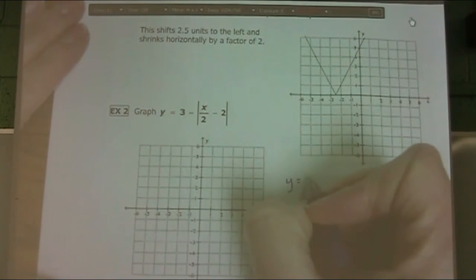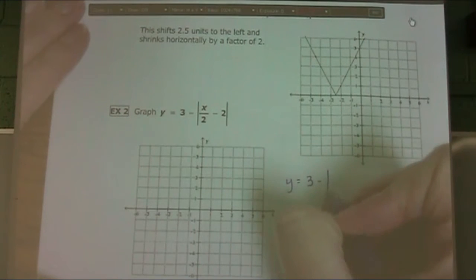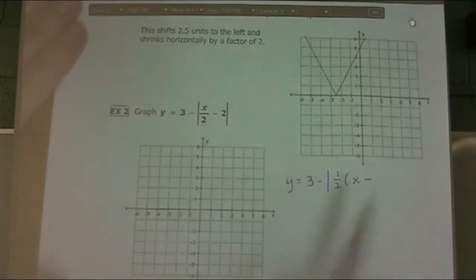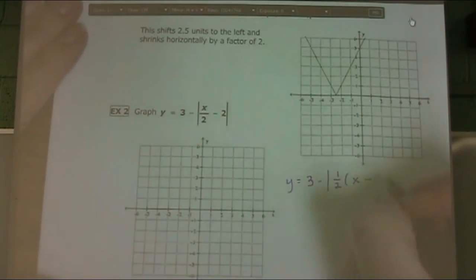Y equals 3 minus the absolute value of 1/2, and what would go here? What times 1/2 gives me 2? 4.